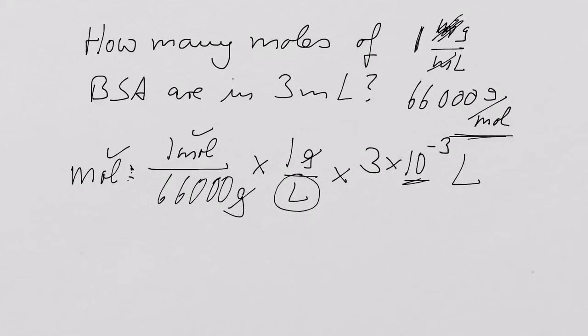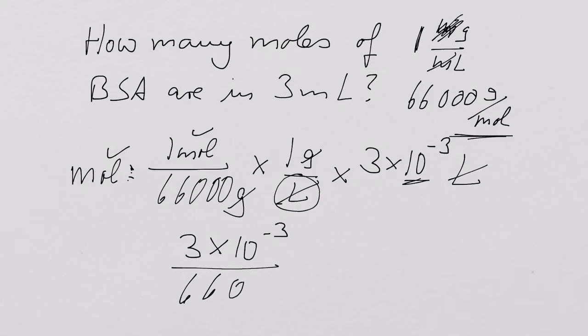And what happens to the liters? They go as well, and all I am left with is basically 3 times 10 to the minus 3 divided by 66,000. All the units cancel out apart from the mole.